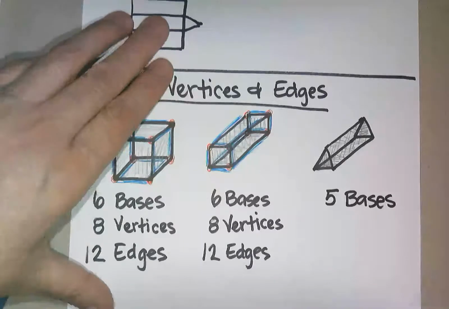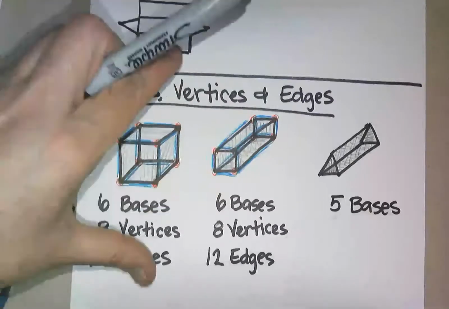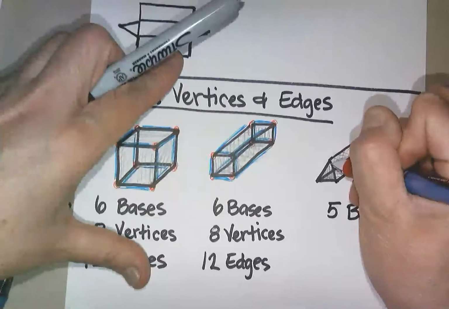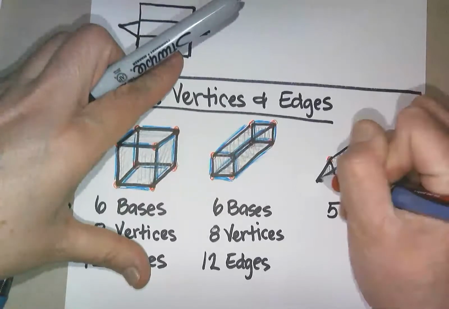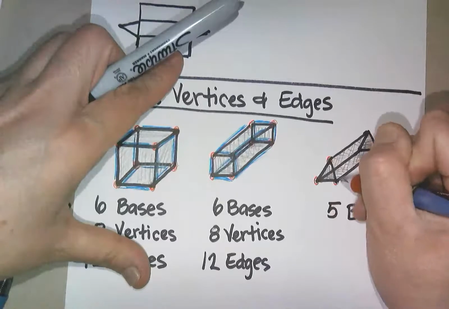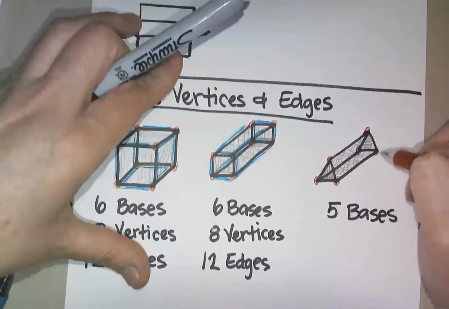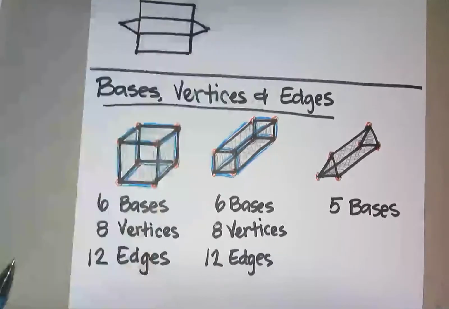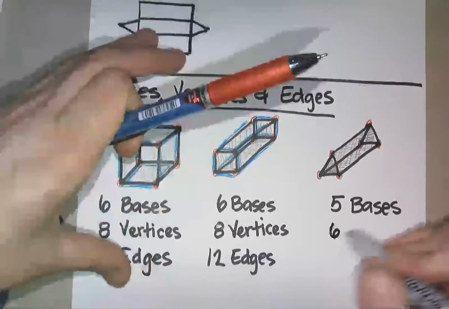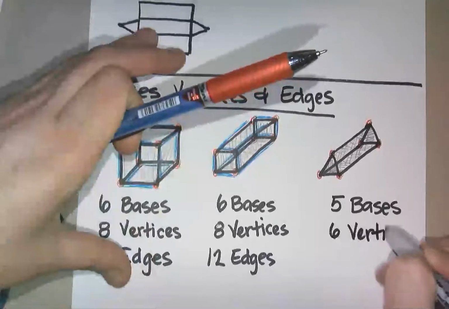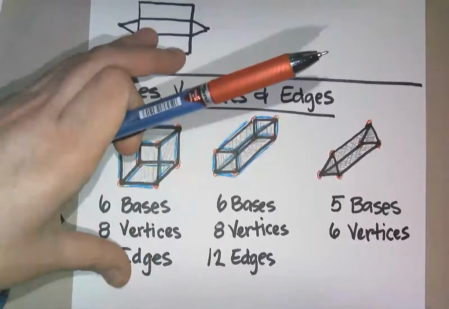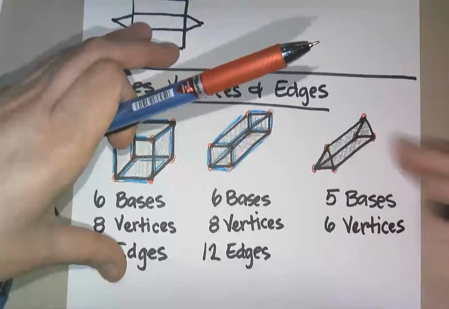Okay, let's see how many vertices there are. Again, just where the edges meet up. That's 1, 2, 3, 4, 5, 6. 6 vertices. Easy? Yeah, I think it's one of the best ways to find your answers.